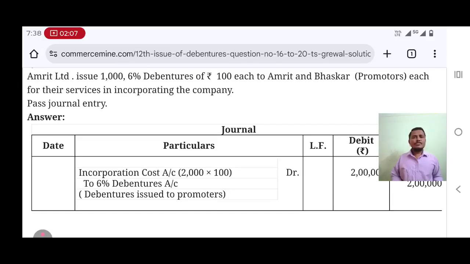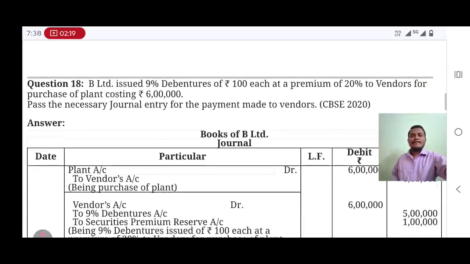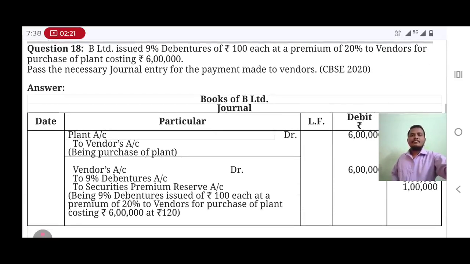So 1,000 into 100 will give 1 lakh, so 2 lakhs. Incorporation expenses account debit to debentures account, 2 lakhs, 2 lakhs. This next one is also the same entry, purchasing a plant for a premium. I think you can also easily try this.